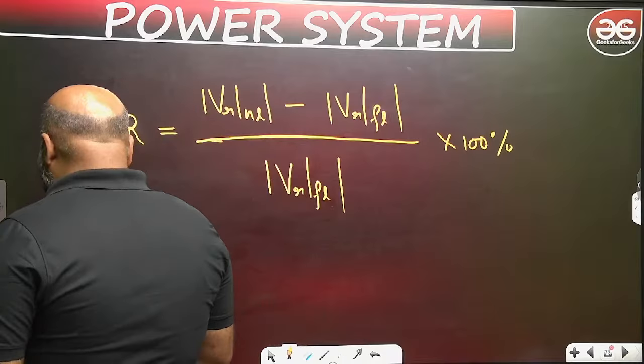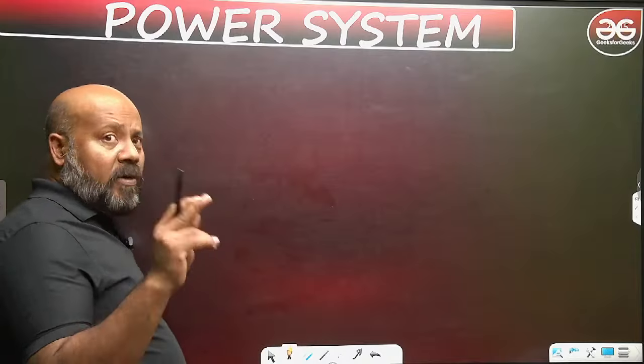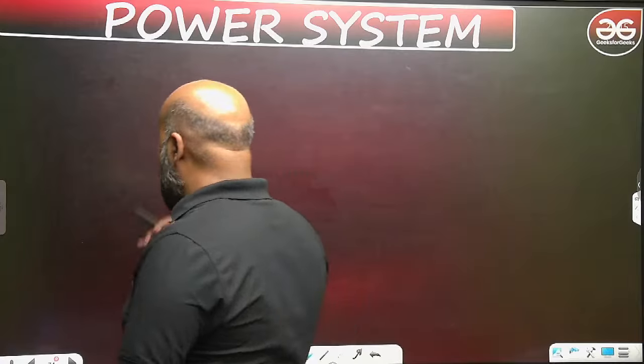Now, I am giving you the most general expression for finding the voltage regulation, whether it is short, medium, long, nominal T, nominal pi, equivalent T, or equivalent pi. Whatever type of transmission line you have, I am going to give you one expression that will apply everywhere.